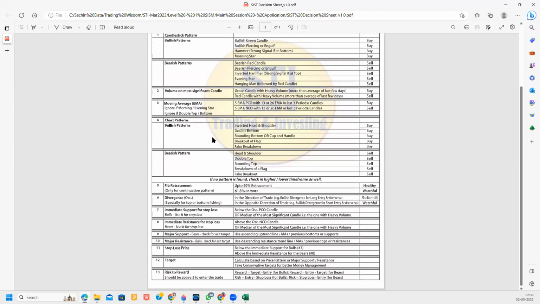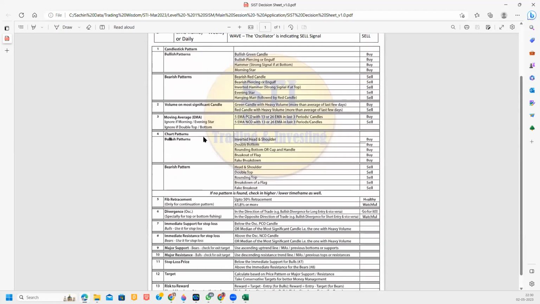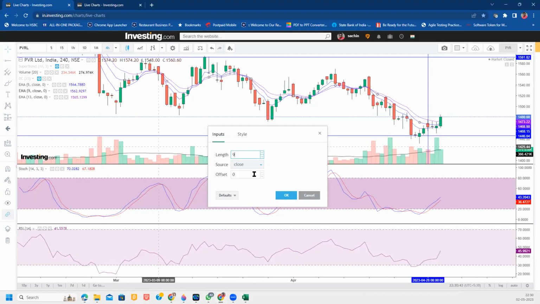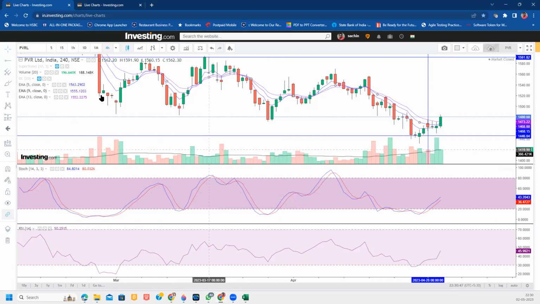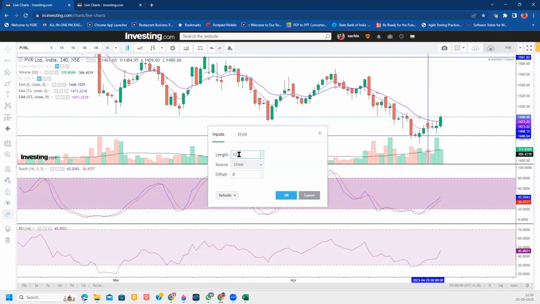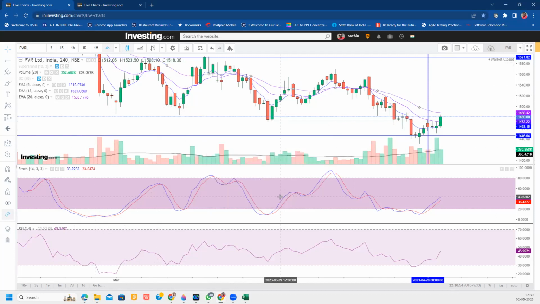I believe we are using the same. 5, 13, no, sorry, 5, 13, 26. Right, so here not a 9. It is 5, 13, and 26. Sorry for that, I was making a mistake and I just double checked it. So it is 5, 13, 26.